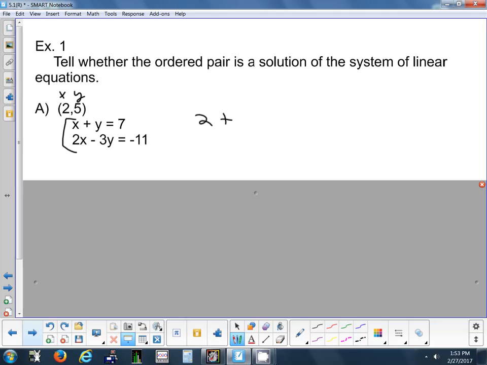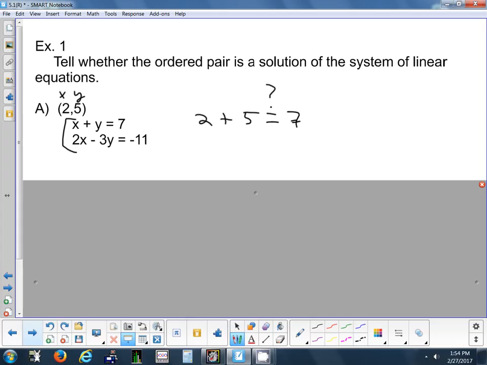We're going to replace y with 5. I'm going to put a question mark because that's what I'm checking. And so guys, on your notes, you didn't have that system on there. So you need to write the system in. The x plus y equals 7, and the 2x minus 3y equals negative 11. You need to make sure you write that in on your guided notes.